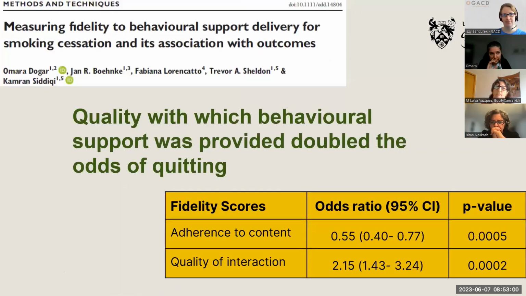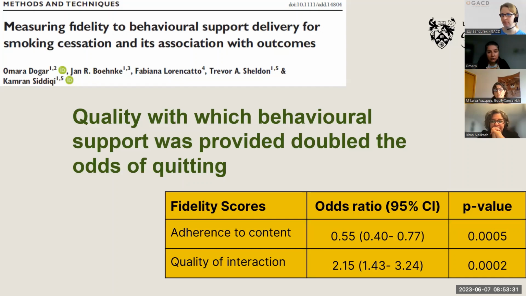Then I went on and did my doctoral as a follow-up study to understand this a little bit more. And in that work, I had to develop a scale to explore what was being delivered in the intervention and how it was being delivered. That was kind of fundamental in understanding what were the differences in those clinics where quit rates were higher compared to those where quit rates were lower.